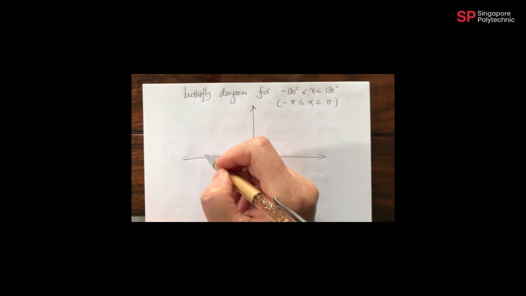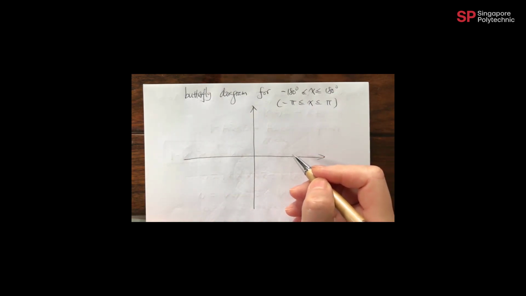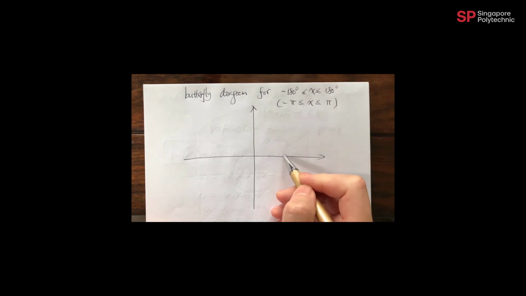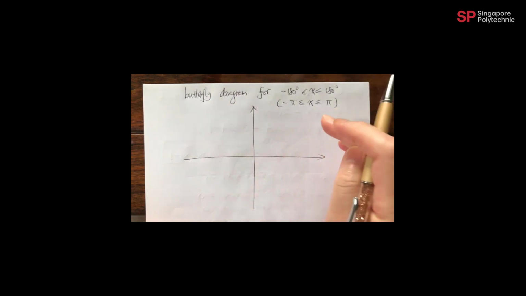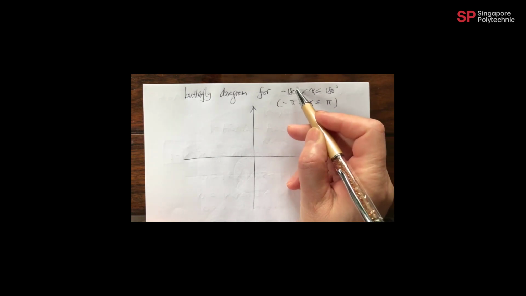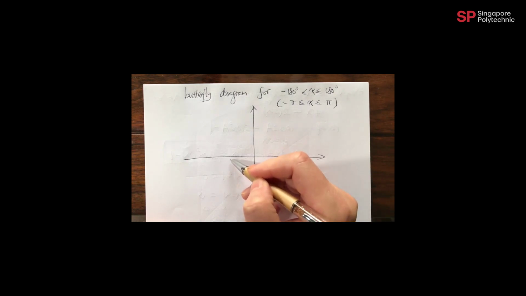But rotating an angle in anti-clockwise direction will only give us positive angle. Which means if I want to have 0 degree to 180 degree, I will continue my rotation in anti-clockwise direction. So this will cover my quadrant 1 and 2. If I want to have a negative 180 degree, I must rotate the angle clockwise.